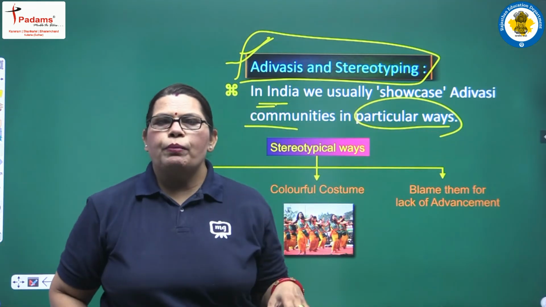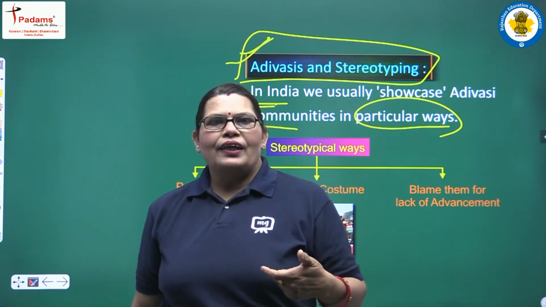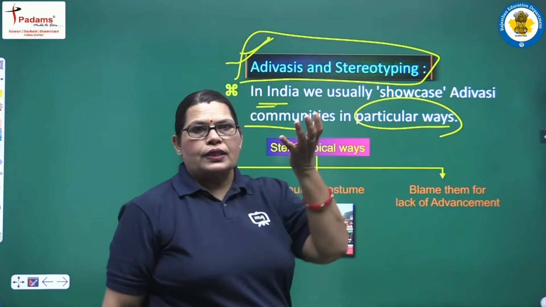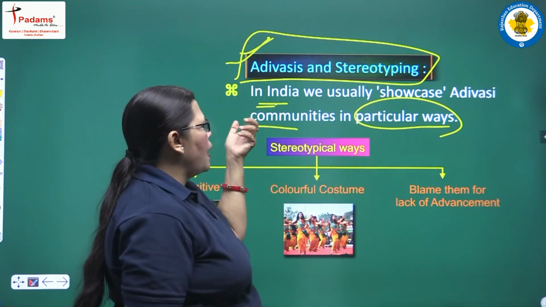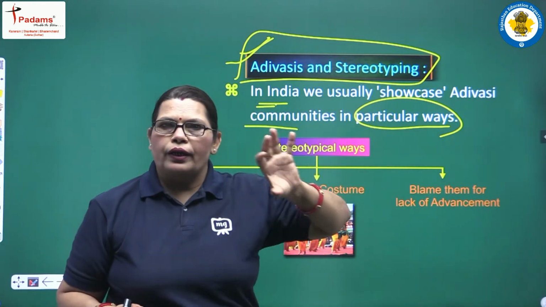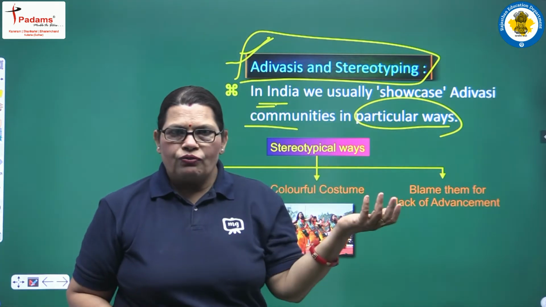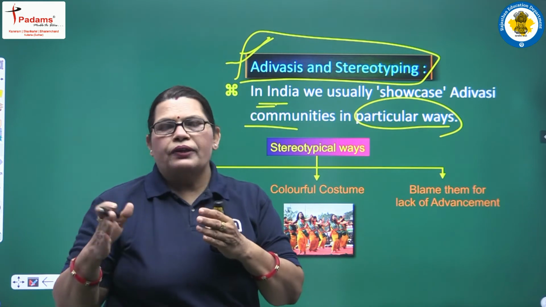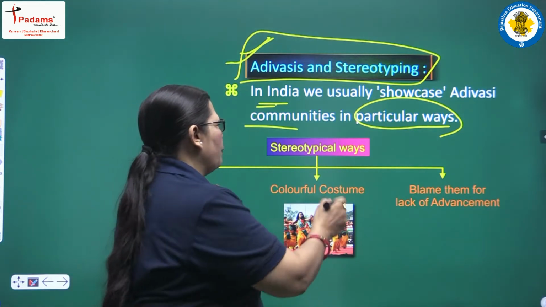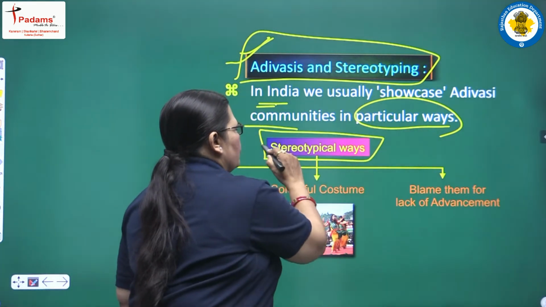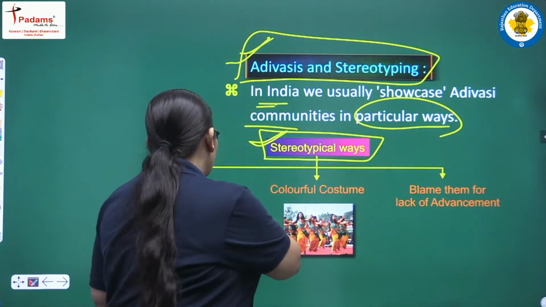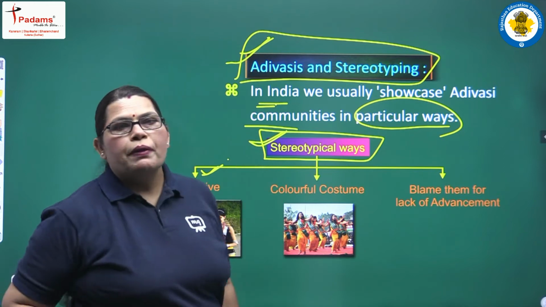The example of Republic Day we have discussed is also a showcase where we represent Adivasi communities in a special way, whether dancing or wearing very different clothing and ornaments. When we are discussing the stereotypical ways, the first point we are considering here is the primitive.